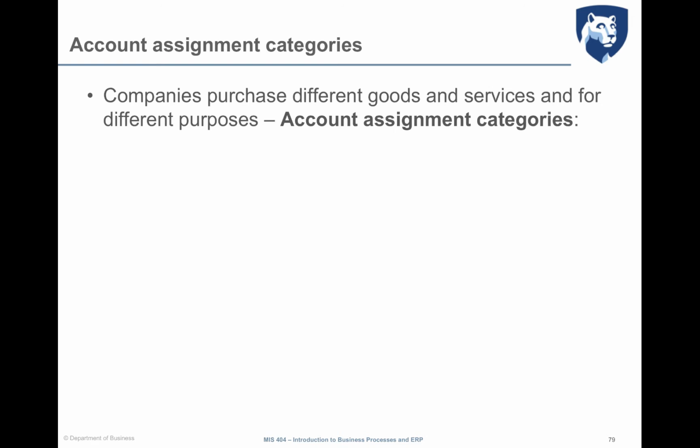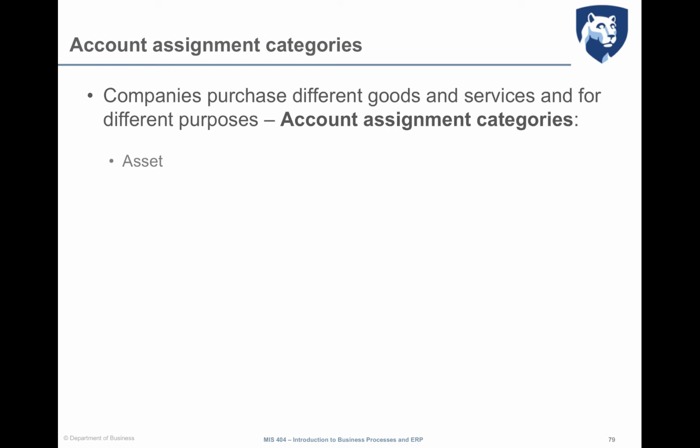So, in order to understand which specific accounting data are needed for the different types of purchasing, we need to introduce what we call the account assignment category. Let's say, the account assignment object to be charged and the general ledger account that are required for each category. So each category is assigned to a specific account assignment object and a link to the general ledger account to be charged. Which are the most commonly used account assignment categories related to purchasing?